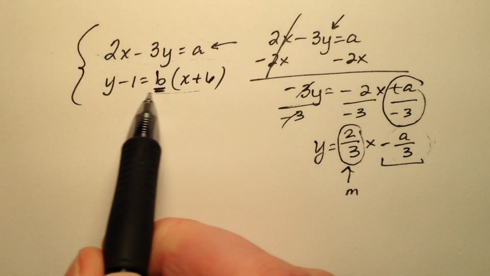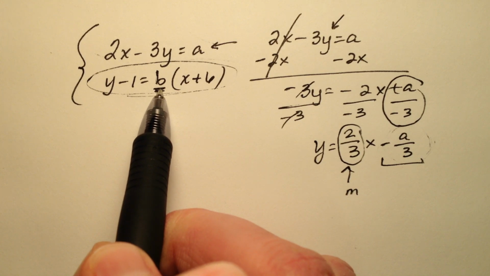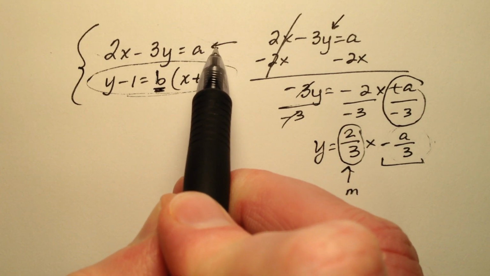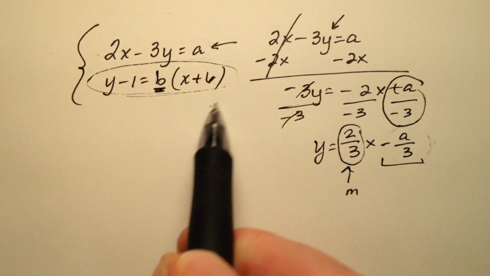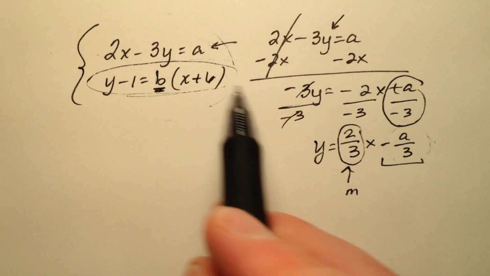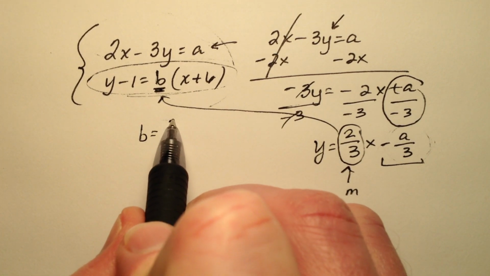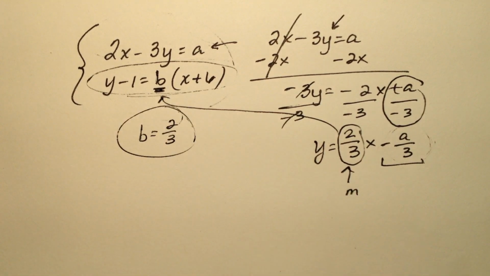So the second equation, which is in point-slope form, this b value that's missing, that's actually the slope. So we know from the original problem, if this system has an infinite number of solutions, then the slopes are going to be the same. So I know that b is going to equal 2/3.